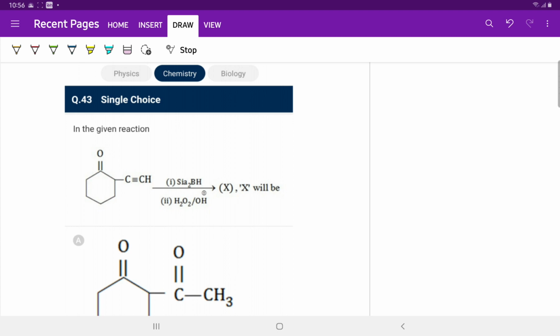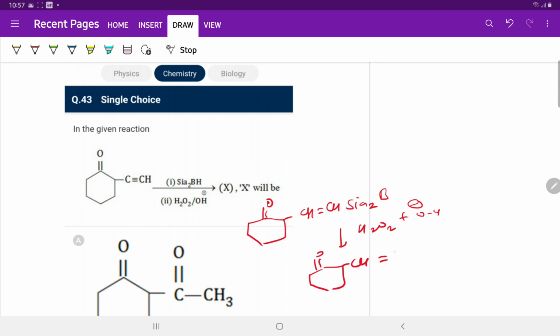Question number 43. Dicyclohexyl boron hydride reacts with H2O2 and NaOH. Okay, X will be, in the first step, there is a formation of C double bond O, C double bond O, CH double bond CH, which will react with H2O2 in basic medium with NaOH, forming CH double bond CH and OH.